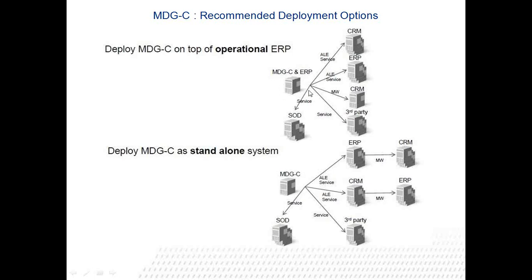What you have is ERP and MDG on the same box here, and whatever your replication mechanism, it can be ALE or web service for the ECC systems. In CRM we have an inbuilt middleware, so we use the middleware in CRM to replicate the data. To third-party systems, we have to go with web services or MDG delivered services only.